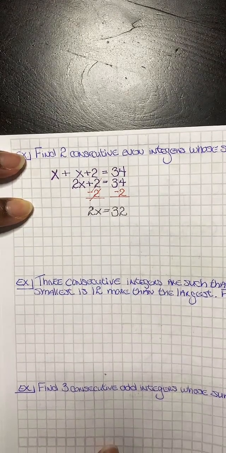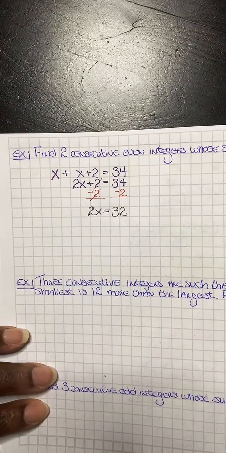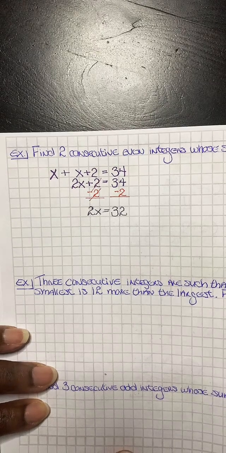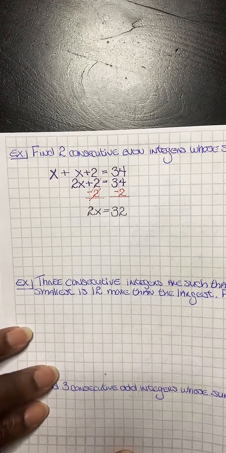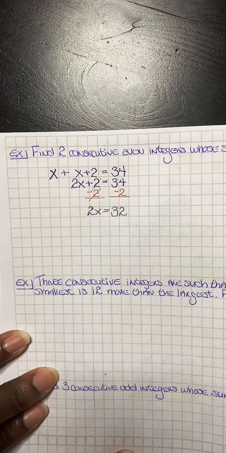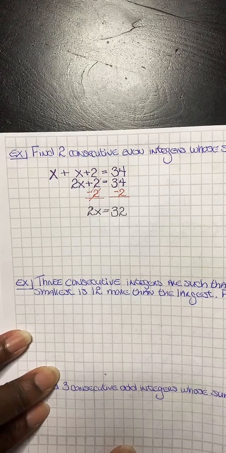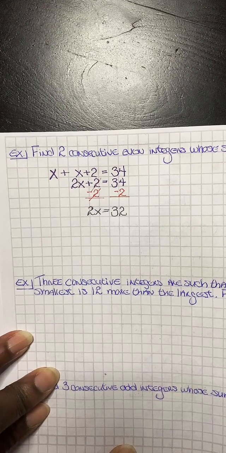What do I need to do now? What should I do now? Okay, C4 is saying divided by 2. Pogs is saying our answers is 16 and 18. Divide by 2, divide by 2. Good, Zach, divide by 2. Chris, how are you? Divide by 2.